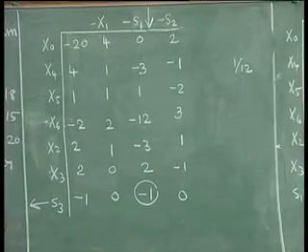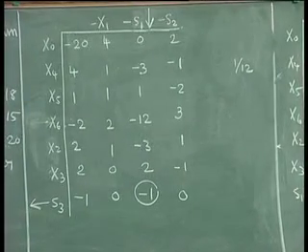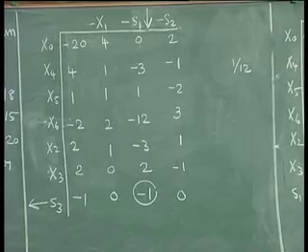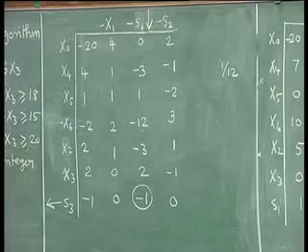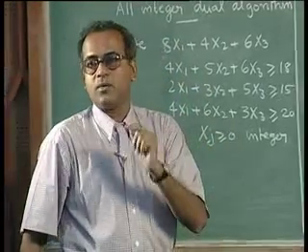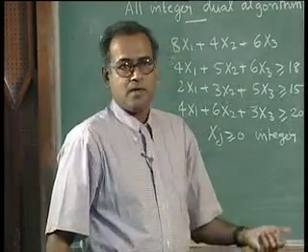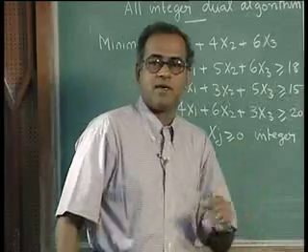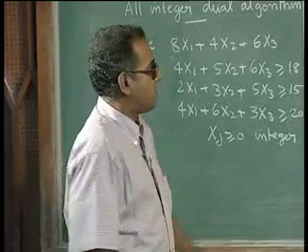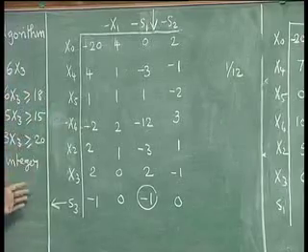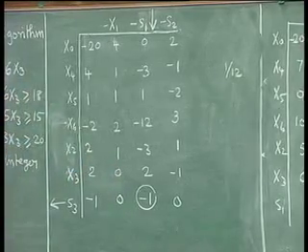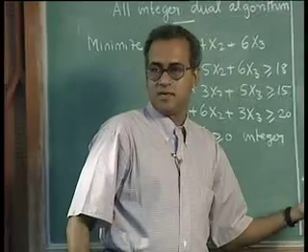Now the all integer dual algorithm has the same advantages and disadvantages as the all integer primal algorithm. In a way, the dual cut is a little more involved than a primal cut. In the dual cut, we have to ensure that the pivot element is minus 1. So we need to go back and do a couple of additional computations before we generate the dual cut. Primal cut was a little more obvious than the dual cut.